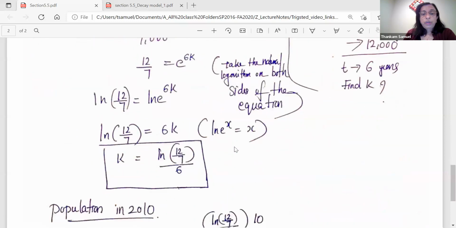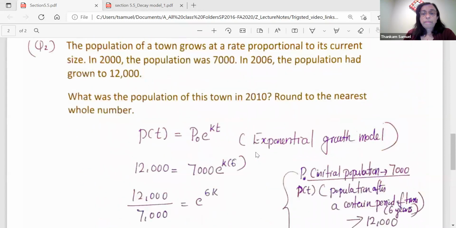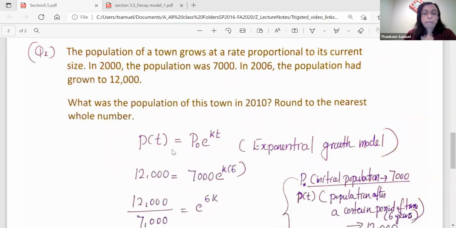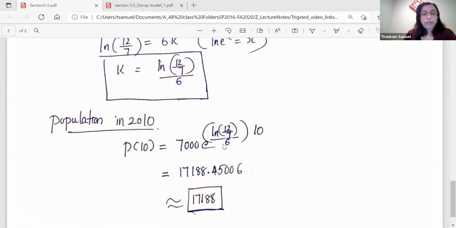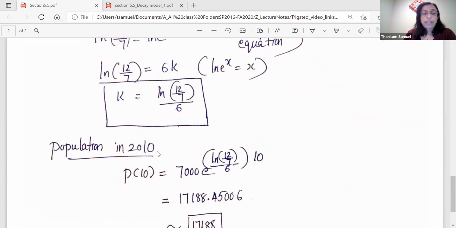So you can again use the basic exponential growth model, P of t equals P sub 0 e to kt. We have to find the population in 2010, so t is 10.